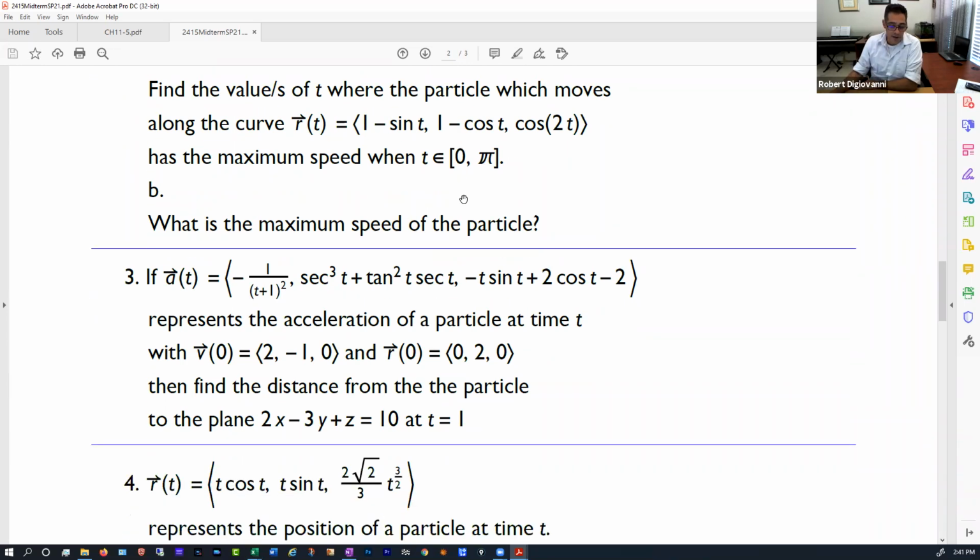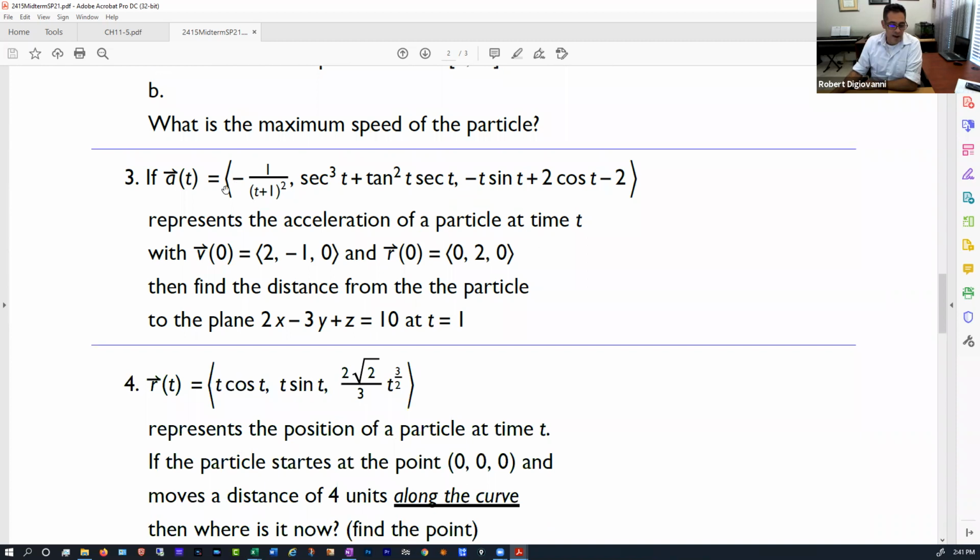Okay, next one. If a(t) is this nasty looking vector function, the acceleration of a particle at time t, and I give you some initial conditions on the velocity and the position, then I want you to find the distance from that particle to this plane at a specific point in time.